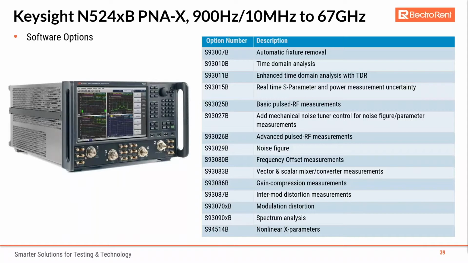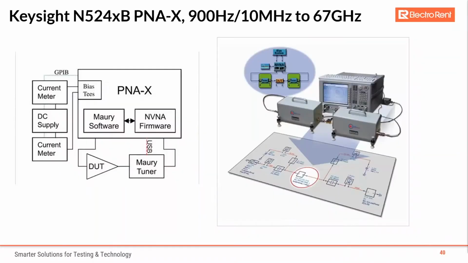Spectrum analysis can also be added to this unit if you need a rudimentary spectrum analyzer available in the network analyzer. Also, X parameters. So what are X parameters? It's a Keysight exclusive, actually. X parameters are actually nonlinear S parameters.